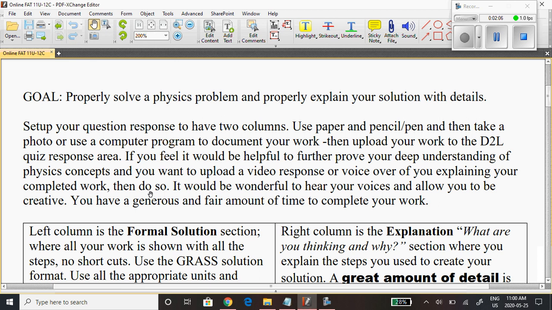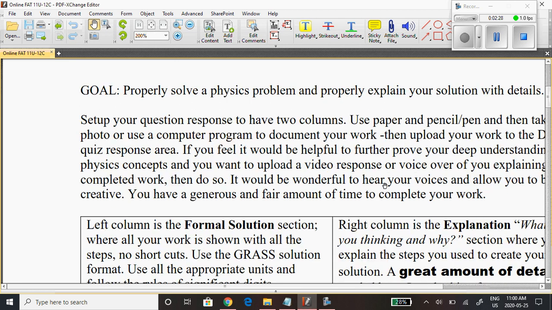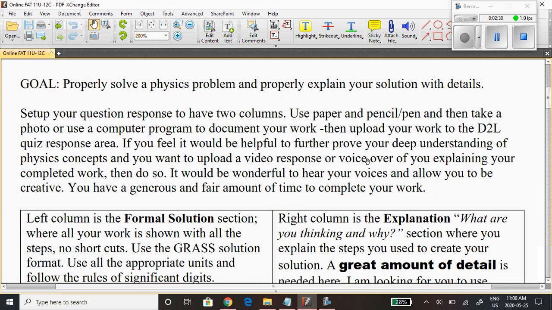Maybe you would put it into some type of video program or voiceover in some type of slide program. I don't know. You guys are better at this than I am. It's an option. And here's why I'm making it an option. It would be wonderful to hear your voices and allow you to be creative. You have a generous and fair amount of time to complete your work.